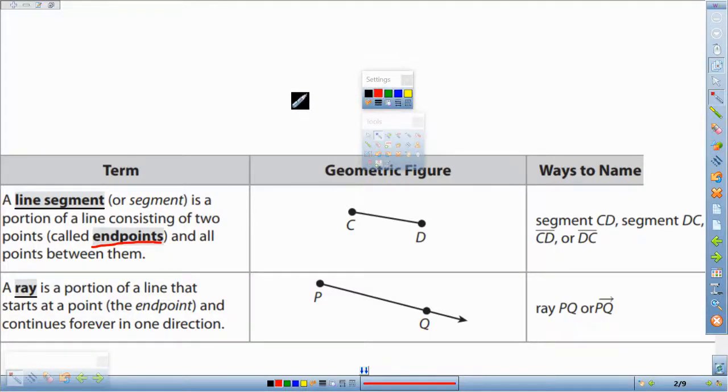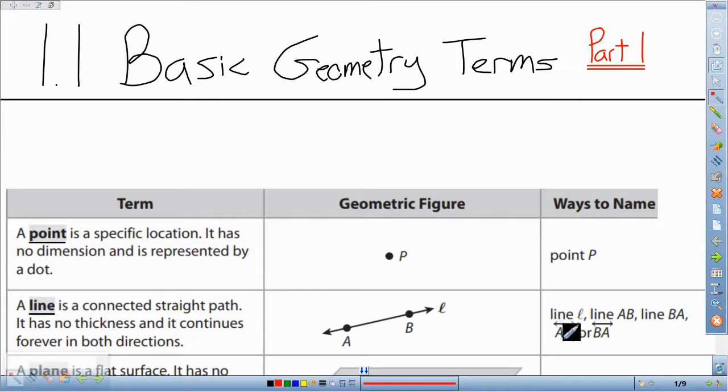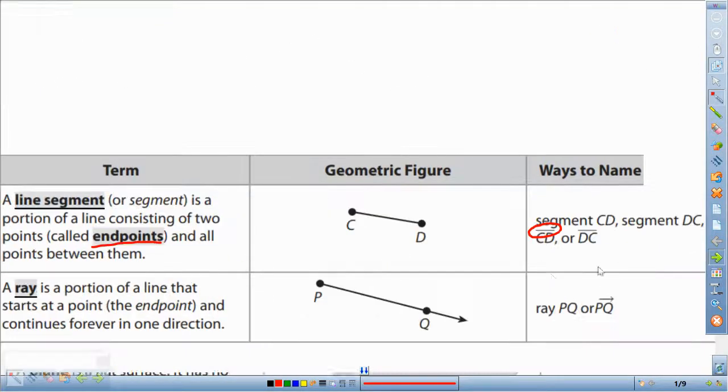The big thing to take away from the ways of naming is the symbol for a segment. Notice there's no arrows on the ends of it like there were when we had the symbol for a line. So that is the symbol for a segment. This would read segment CD or segment DC.